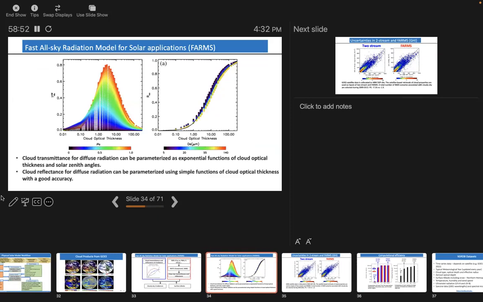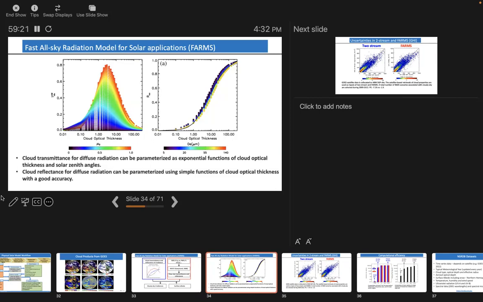Oh, these different colors for the transmittance are essentially the solar zenith angle. So you have a cloud, and if your sun's at a high angle, then the path through the cloud is much shorter, and it's like the cosine of the zenith angle. If you look at it, it goes from 0 to 1.